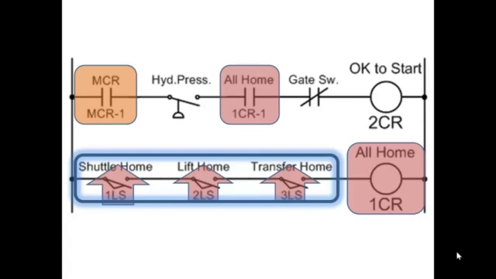Somewhere else in the circuit that you can't see right now, when the MCR was set, or reset if you want to put it that way, it probably started a hydraulic pump. And right now, the hydraulic pump is pumping up the pressure in the system because you don't want to start the machine until you're up to full hydraulic pressure.